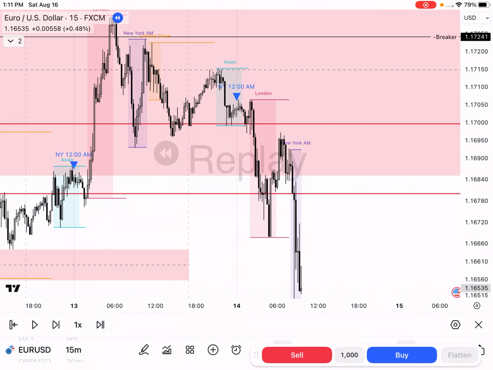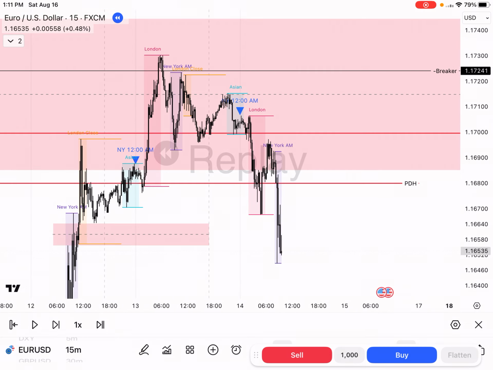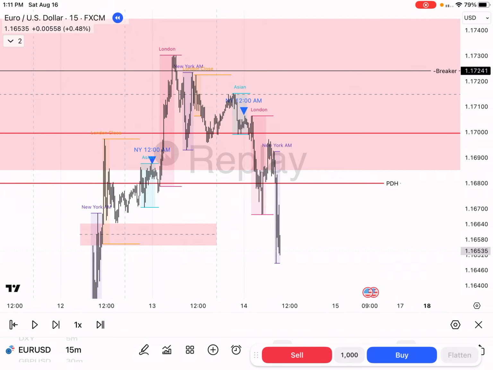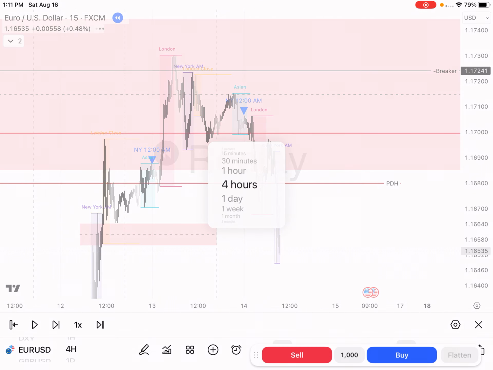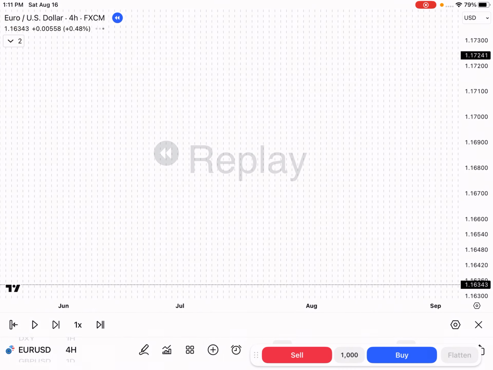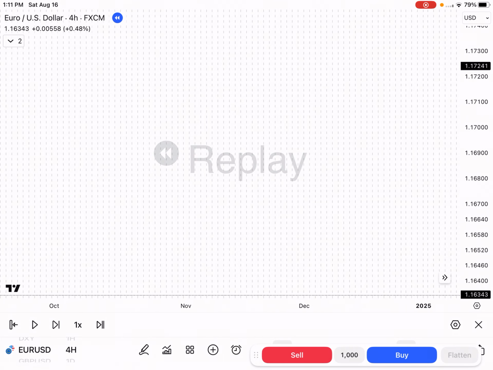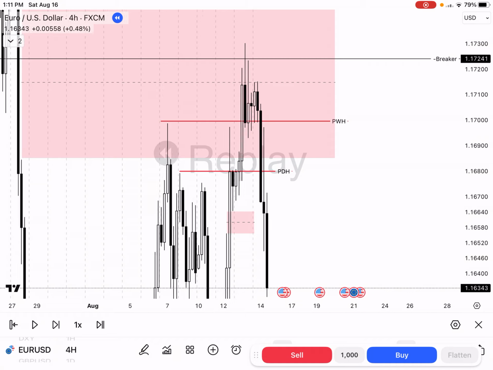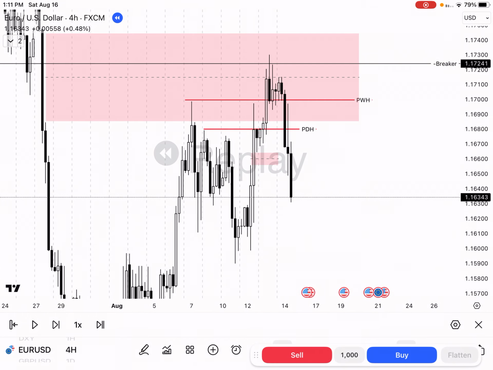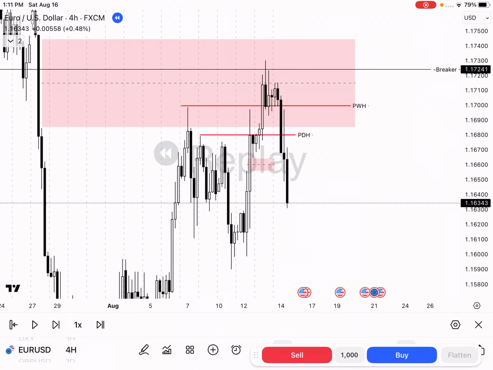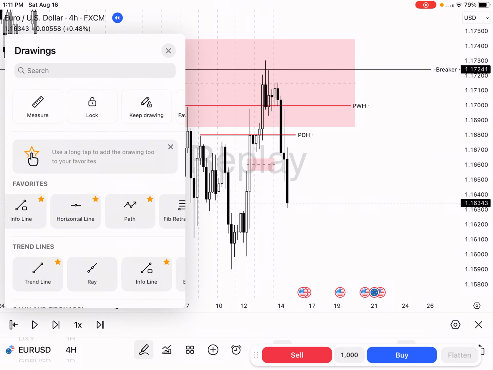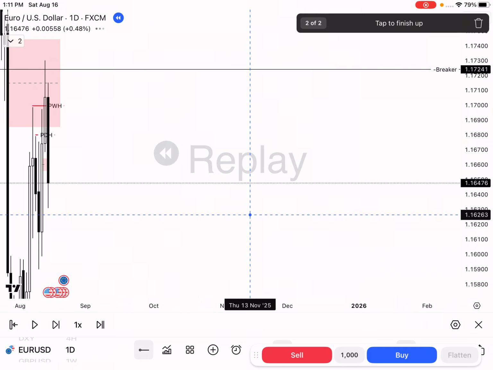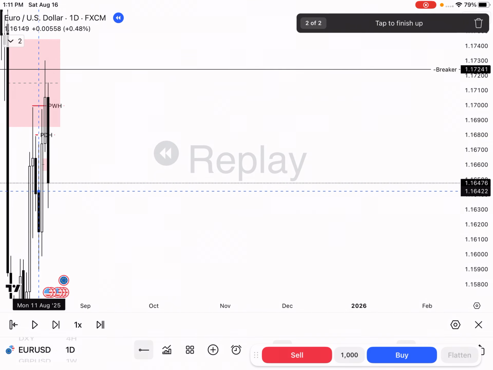From there I was also planning for a buy, but it hit a stop loss. I in fact took a trade here, on the daily bullish order block, that is the open.